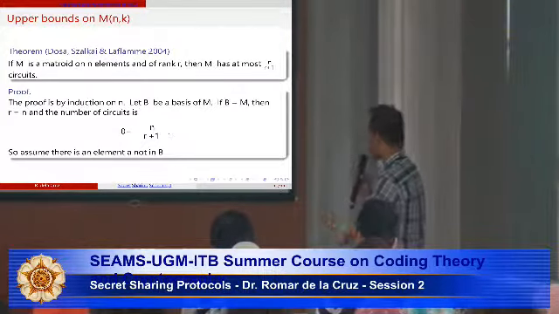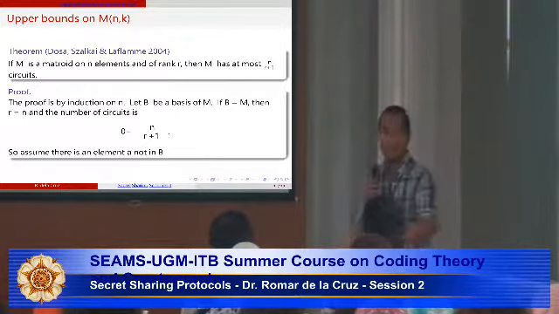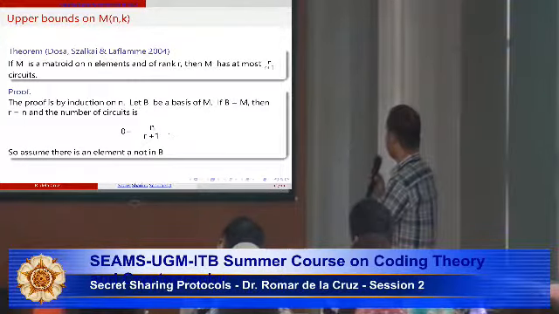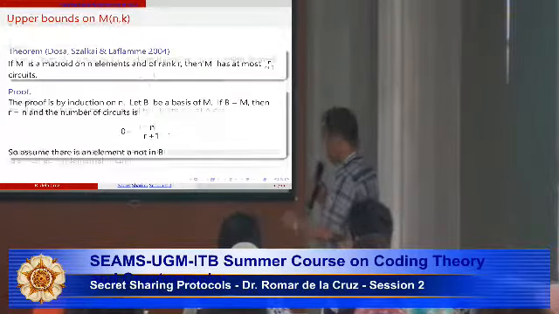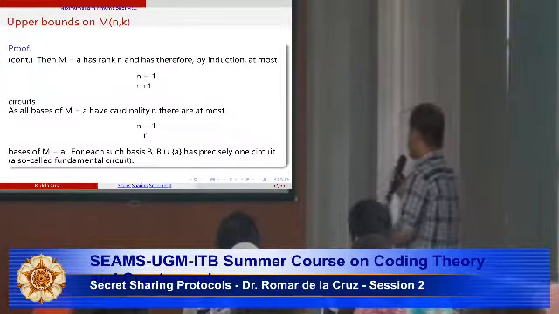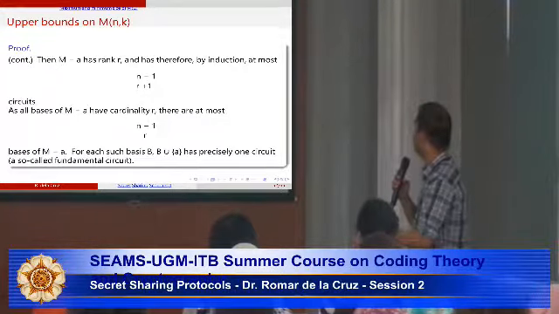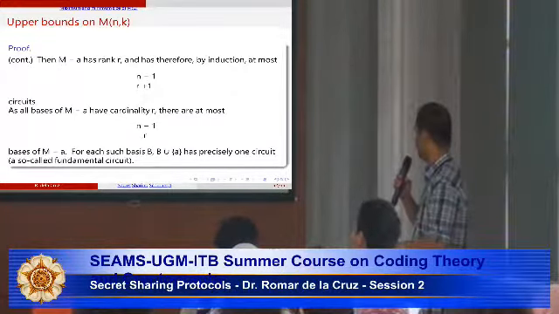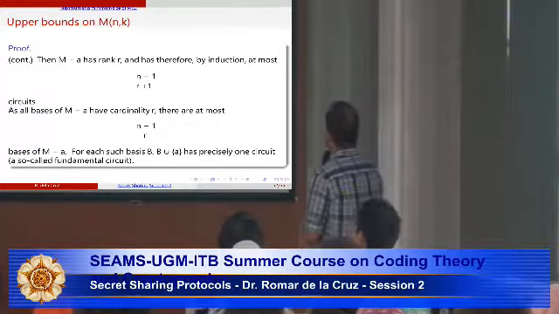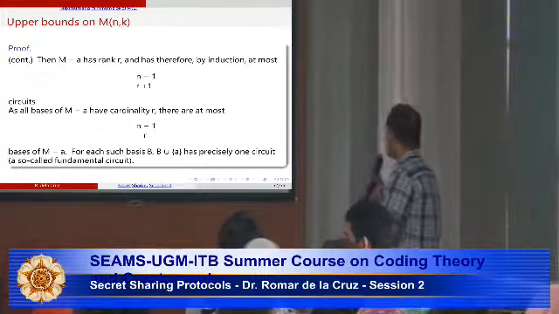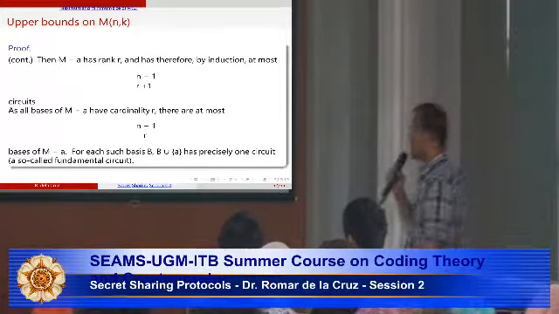Now let us assume that there is an element a which is not in the basis, so M is not equal to B. What happens is M minus a has rank r, because a basis is in M minus a. Then by induction, it has at most (n-1) choose (r+1) circuits.